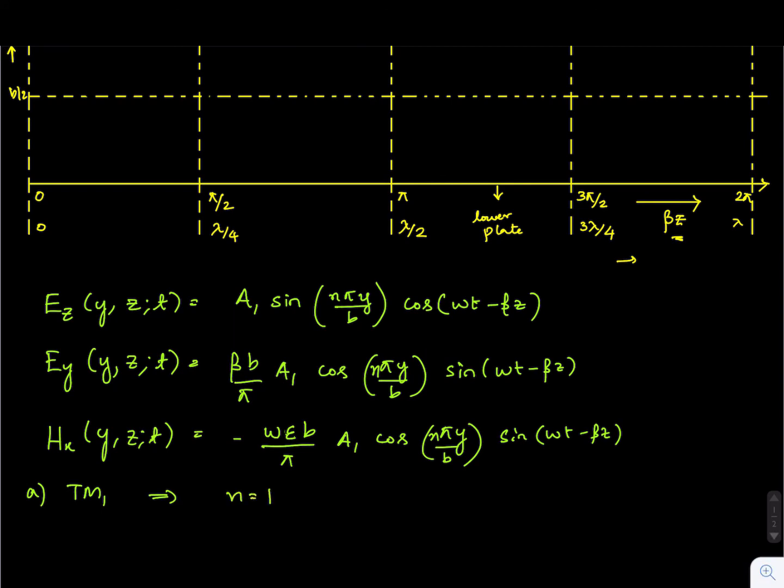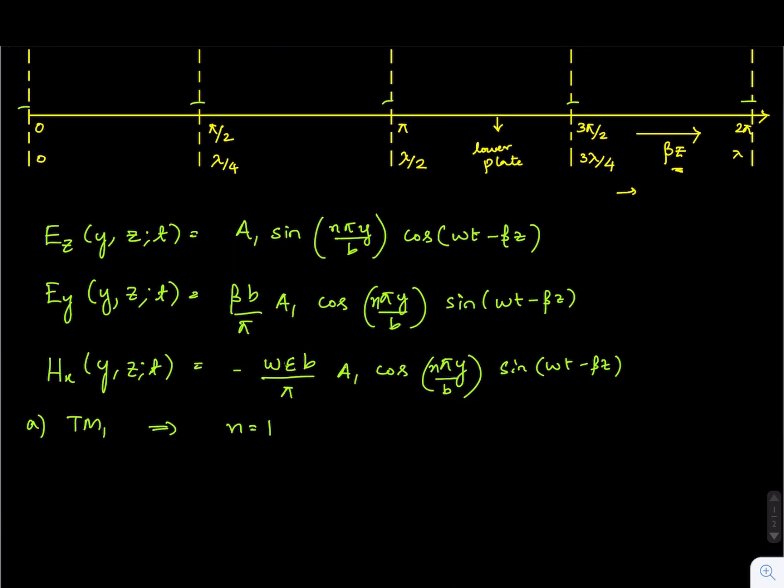Now, all that we have to do is solve these equations at different places in this waveguide, let's say at 0, pi by 2, pi, 3 pi by 2 and 2 pi, and see how things look, and from there use our imagination to draw the field lines. How do we do that? We could do this in a number of ways.